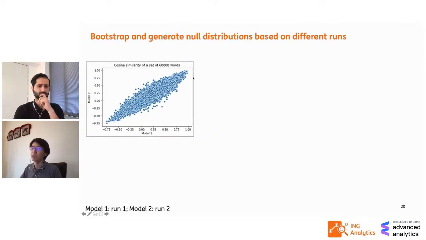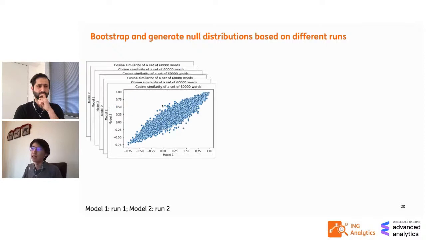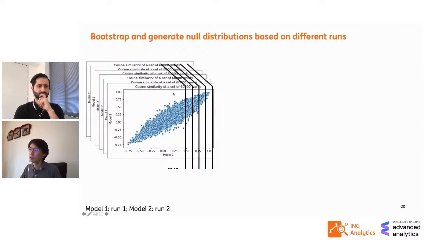This is the same plot that we showed you earlier, where we sampled m different words and compared between different runs, which gives us a baseline. But instead of just doing it once, we can bootstrap to sample many different times. We can also look at different slices of the similarity quadrants, and for each quadrant, we can generate a distribution of the correlations among them.